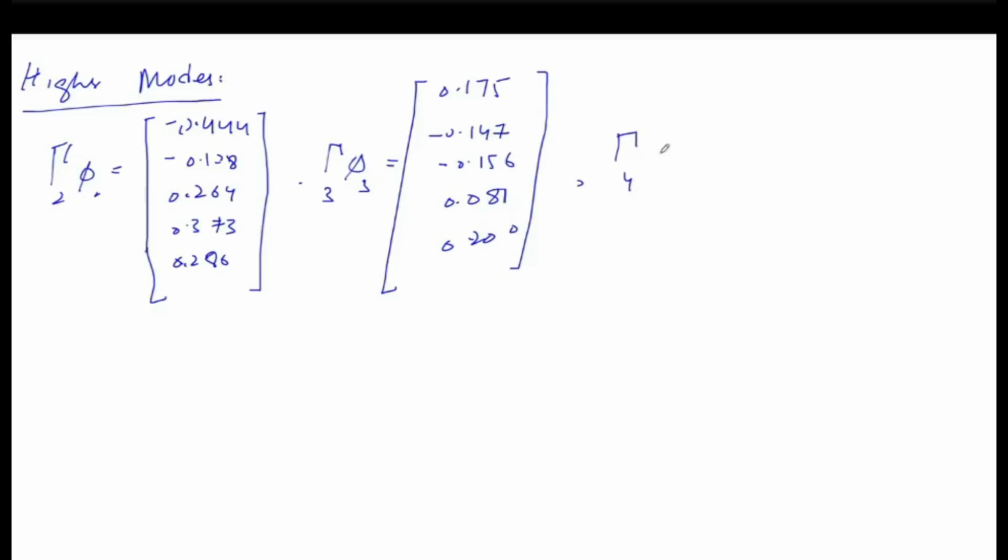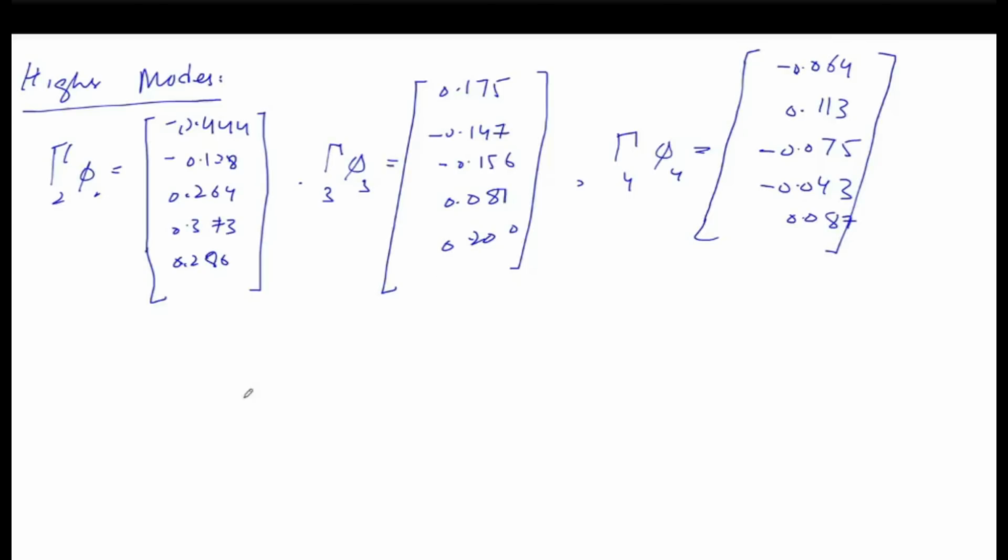For the next, gamma 4 and phi 4, this value is minus 0.064, 0.113, 0.075, 0.043, 0.087.